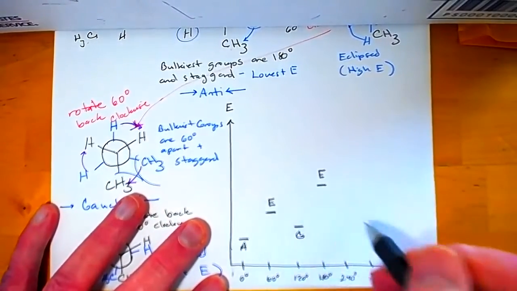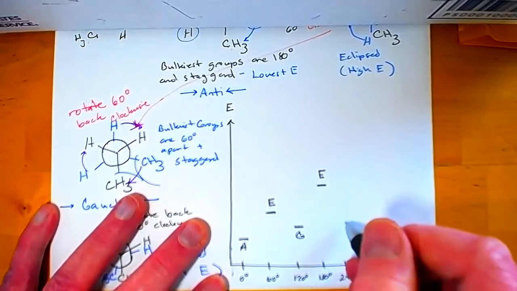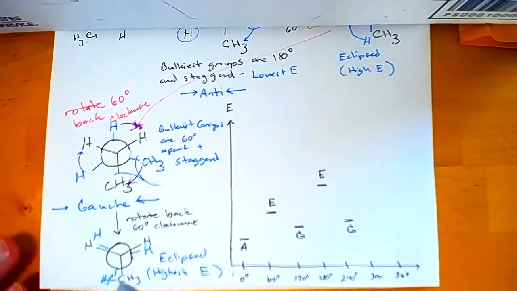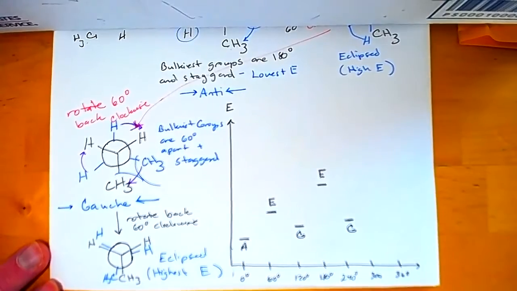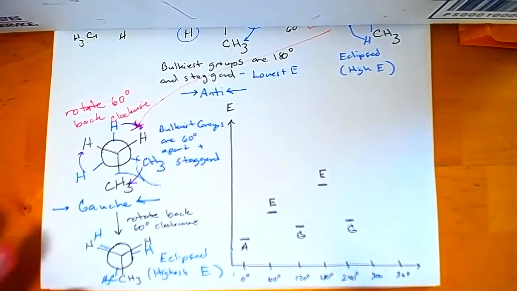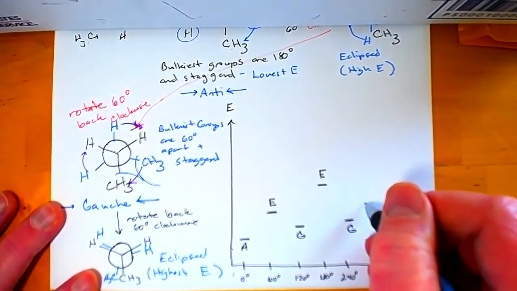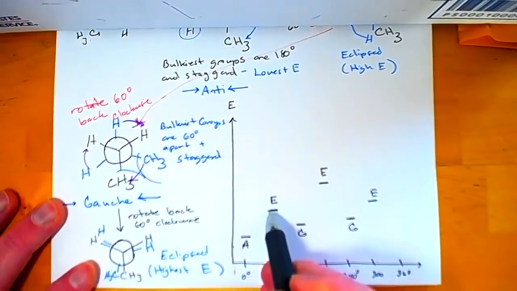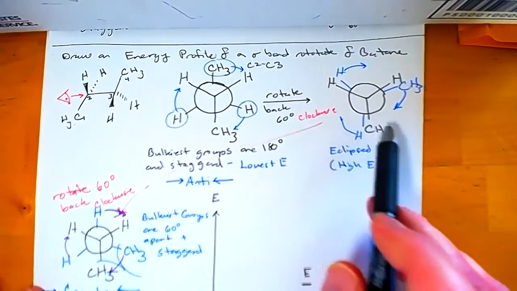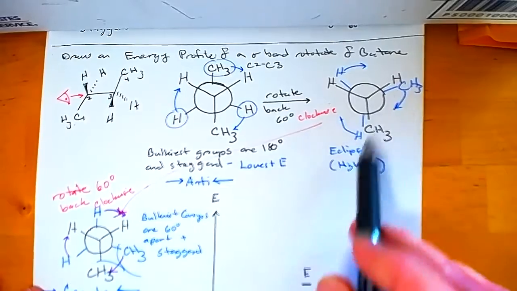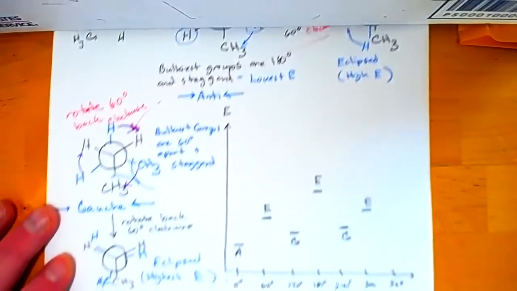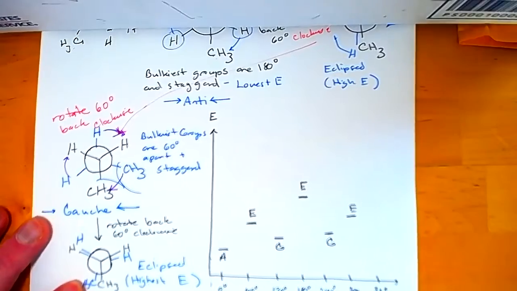If you rotate this another 60 degrees, you're obviously going to be back at that gauche conformation again, where the two bulkiest groups are 60 degrees apart. And then if you keep rotating, it's going to be back to the equivalent eclipsed conformation that we had earlier, which was up here, as you're going to have now the hydrogens eclipsing the methyl groups rather than the methyl groups eclipsing each other.